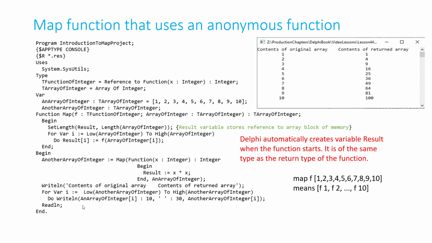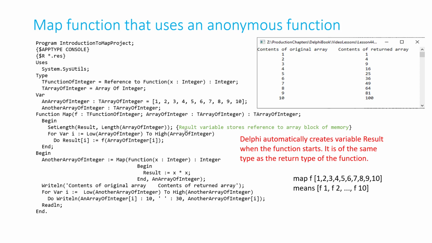Okay, so the map function is going to apply an anonymous function to an array of integer which is passed to it. So what we want to do first of all is set the length of a result array, which will be of the same type and will be of the same length as the array that we're passing it.